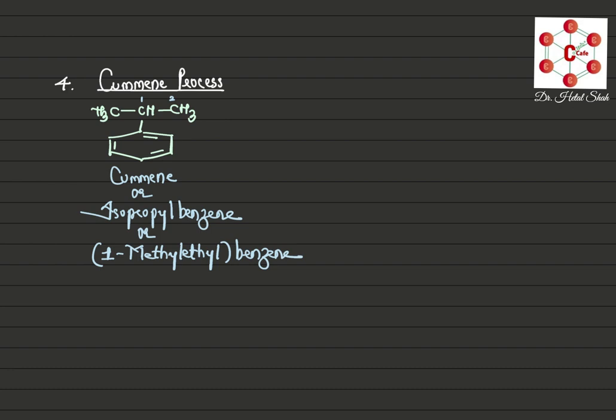Right? But the point is this, how would it react? So let us take this and react it with air. Air is nothing but O2. And this would result into giving us a very unique intermediate.